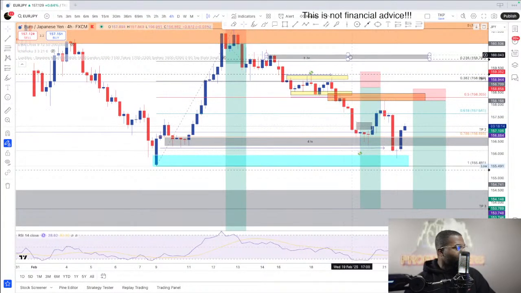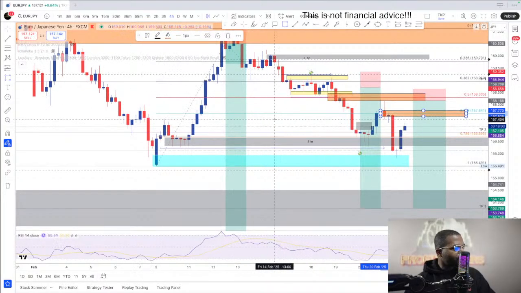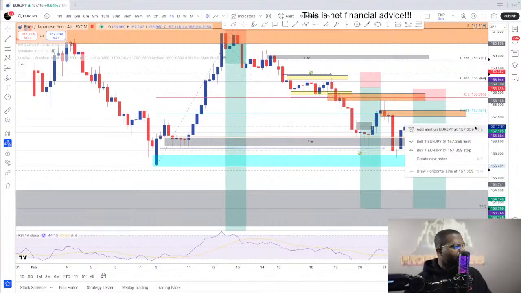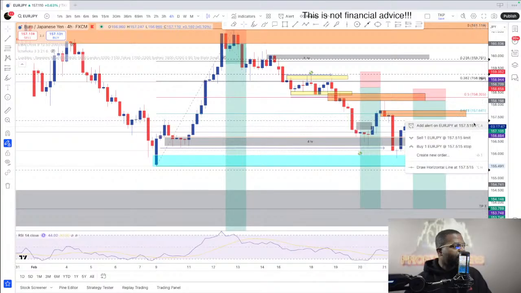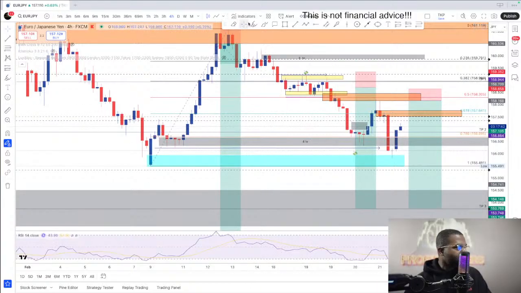Let's see what happens when price pulls back and retests this area right here that just so happened to line up with the 618 on our fib. This is Euro JPY. I'm going to set an alert right here. If we get a rejection around this area during London, we'll take another sale to this TP3.